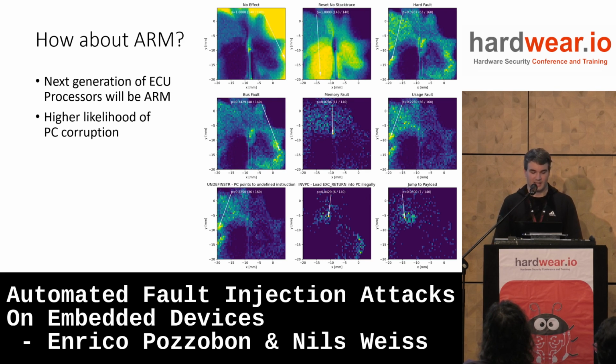The next generation of the ECU that we were looking at will use ARM. So we wanted to look at how good or bad ARM is when compared to PowerPC, and we saw that there is around 100 times more probability, at least for a similarly priced processor with similar specifications.